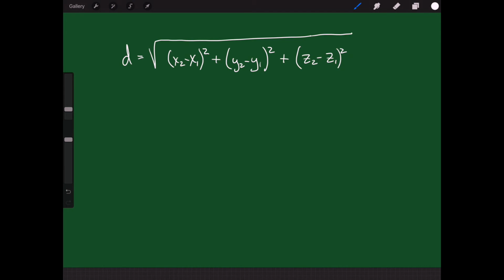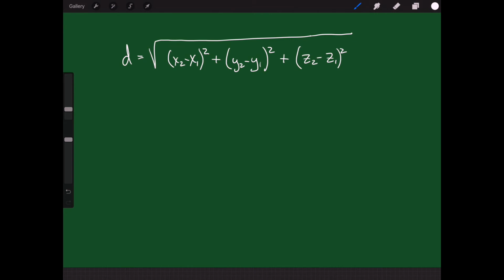So you could say that this comes from a Pythagorean theorem in 3 dimensions, and that's exactly true, actually. If I don't look at the z piece and just have the x's and the y's, that's exactly the Pythagorean theorem. We're just adding in a 3rd dimension, and so we get this (z2 minus z1) squared.